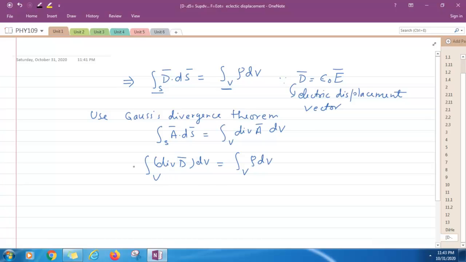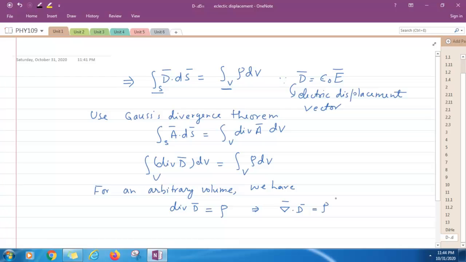Now for an arbitrary volume, you can write this relation like this: divergence D is equal to rho, or simply you can write del dot D is equal to rho. This equation is known as the differential form of Gauss law.